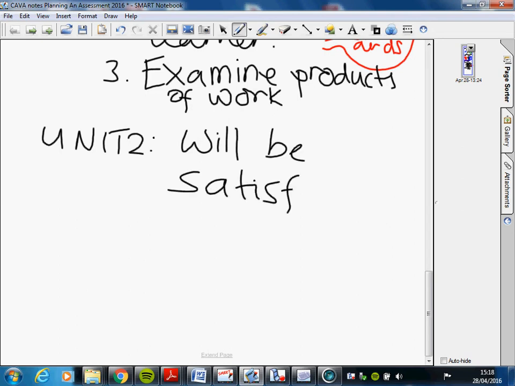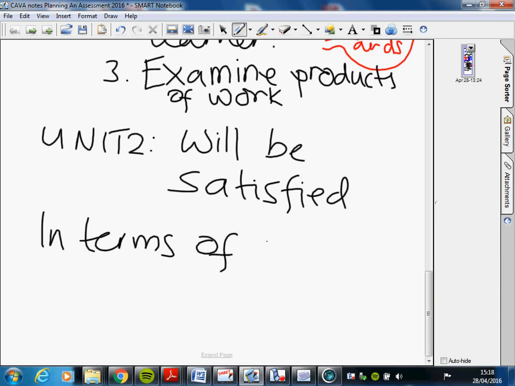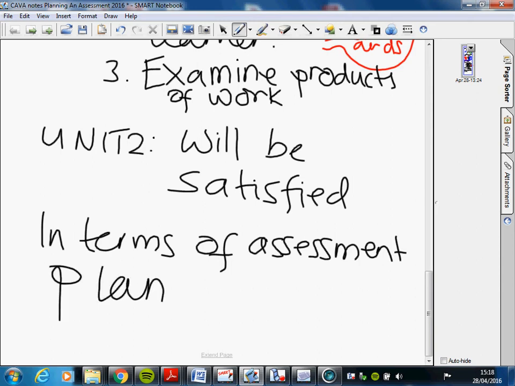Okay? In terms of assessment plans, once you complete these assessment plans, it's a big tick, and you're going to have 4 of these.